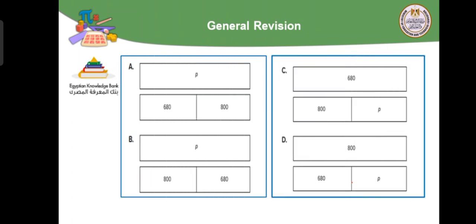Can I make B equal 680 plus 800, or B equal 800 plus 680, or 680 plus B equal 800, or 800 equals 600 plus B? Which one is correct for this?